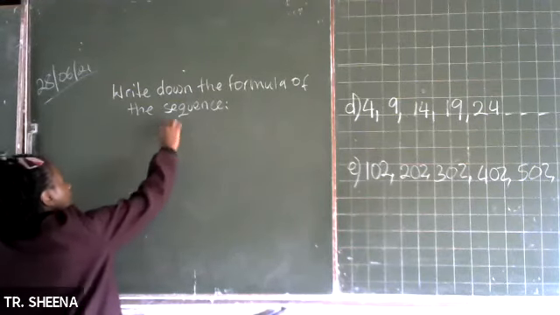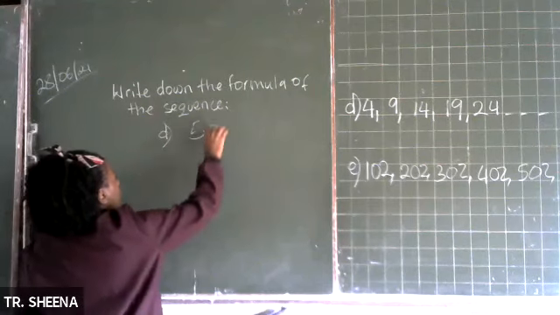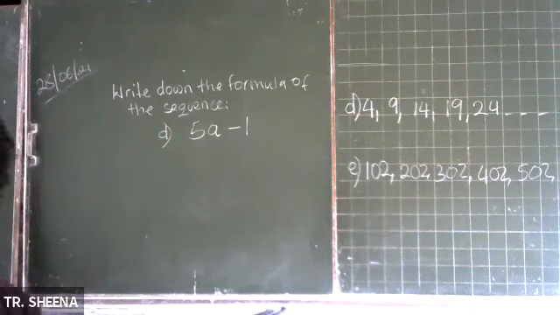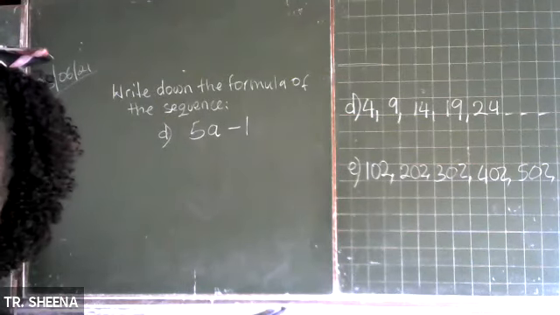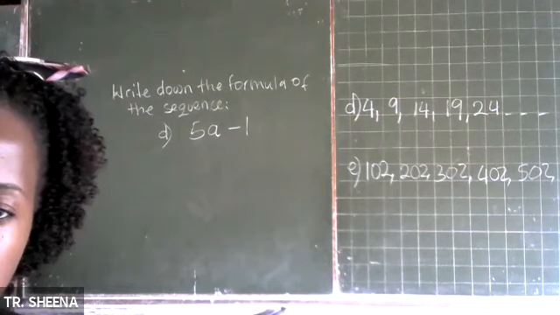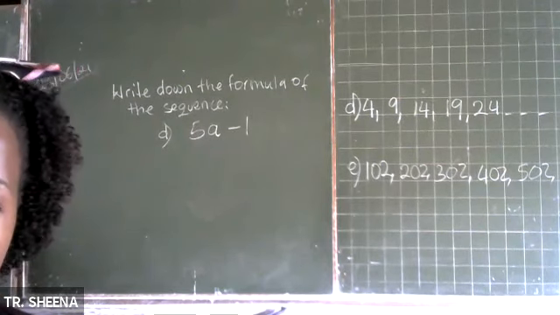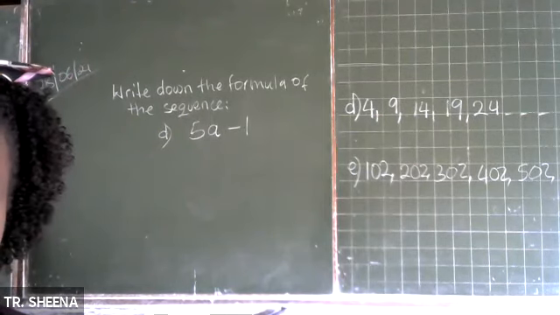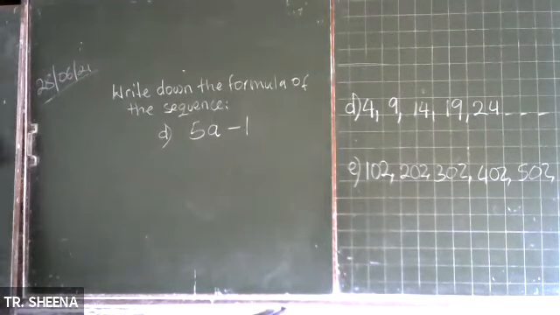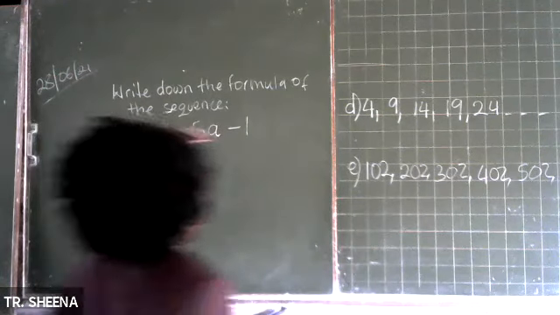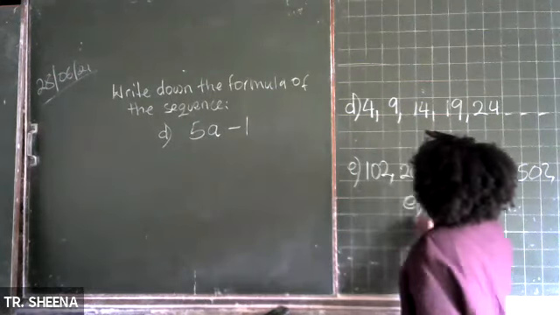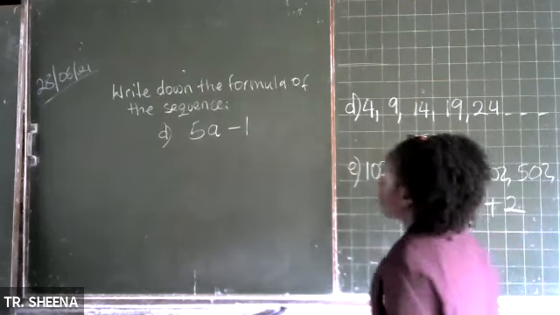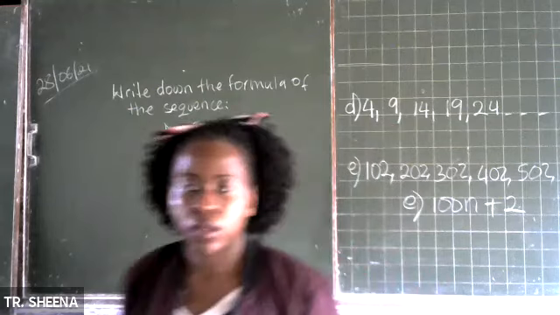So for part D, she has 5a minus 1. Okay. What about Alicia? Teacher, for part E. 100n plus 2. Okay, let me put part E here. 100n plus 2. Yes, Regina.